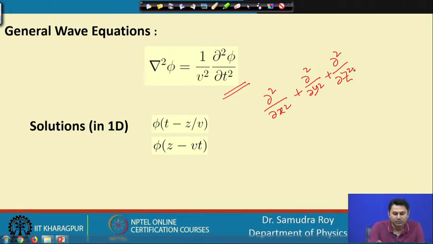If we have this kind of expression, then we call phi a wave. Why is phi a wave? If I make this equation one dimensional, that means if I remove this term and this term, then this general wave equation will have a form like this.